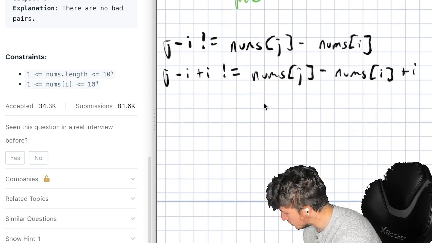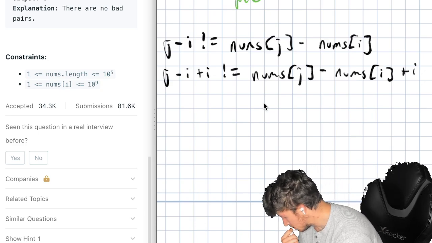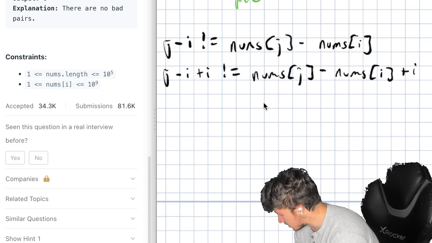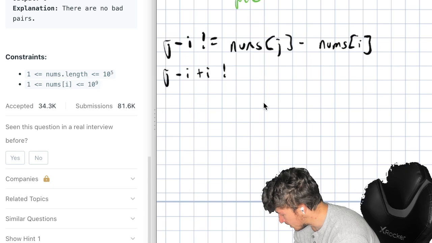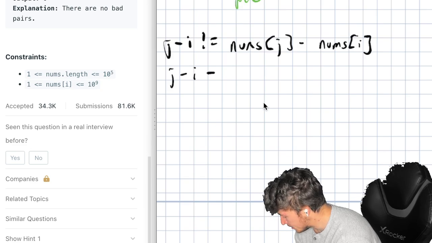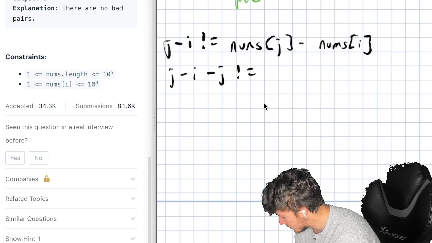And then I'm going to, I don't want to add i to both sides. I apologize. Let's subtract j from both sides first. I mean, you can do it either way, but j minus i minus j. So I'm subtracting j from both sides.